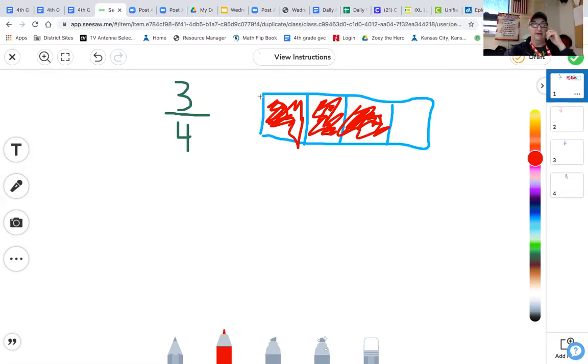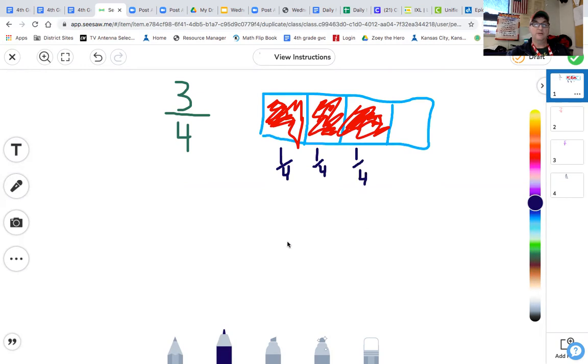And then you'll notice back in the directions, it says to decompose it 3 different ways. And one of those ways needs to include unit fractions. So the first one I'm going to do is the unit fractions. I'm going to change the color. So like this is 1/4 here. And that's 1/4. And that's 1/4.